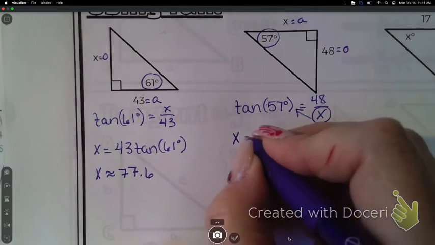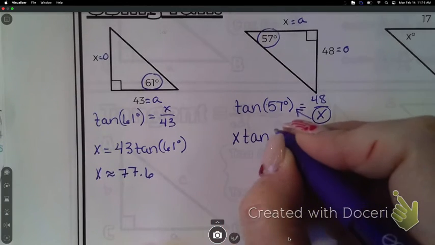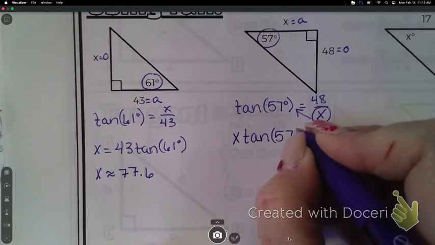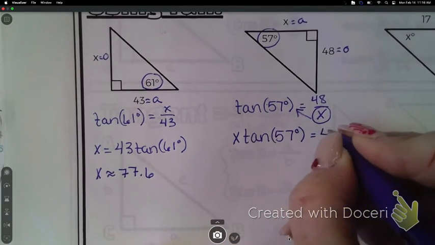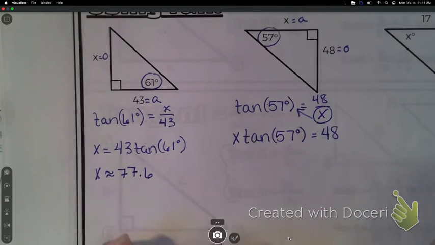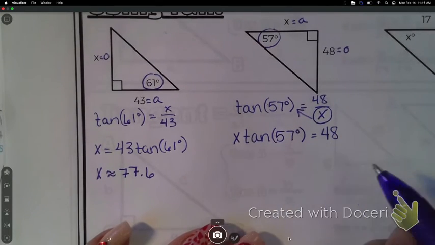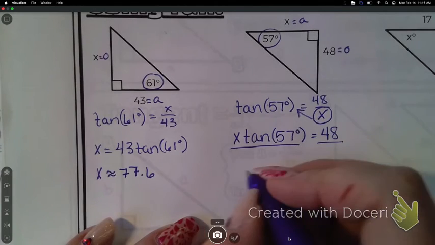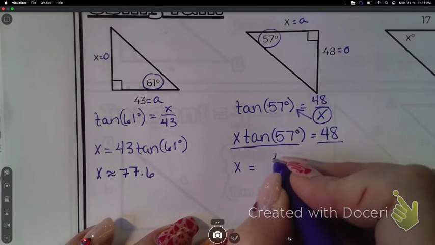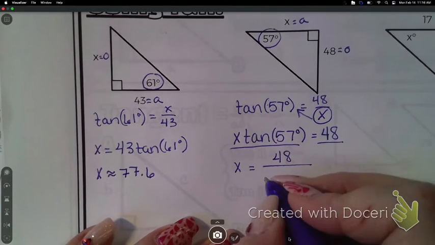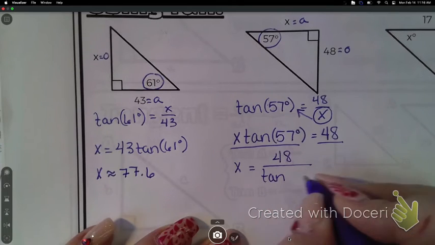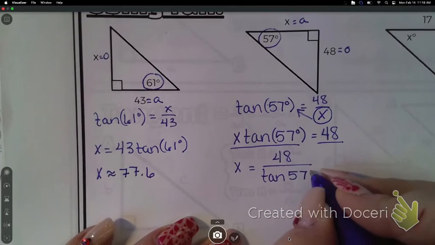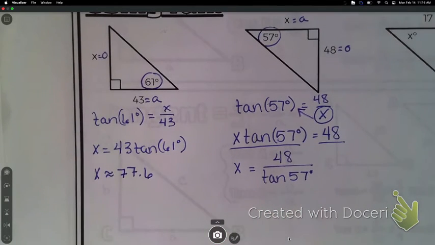So I get x tangent of 57 equals 48. How do I undo multiplication? Division. So x is going to equal 48 divided by tangent of 57. We can't take any shortcut, because we're going to mess it up if we do.